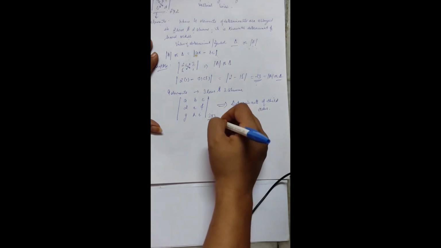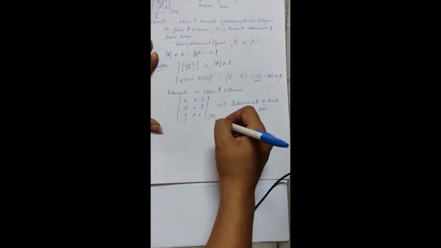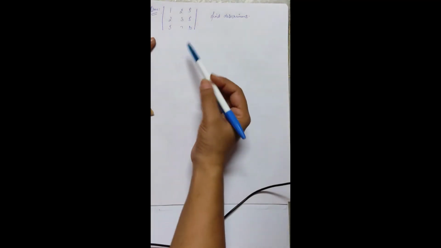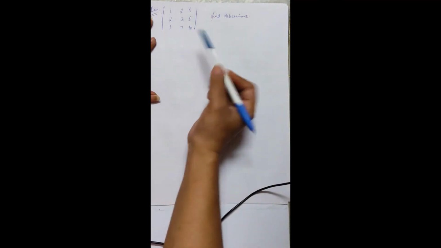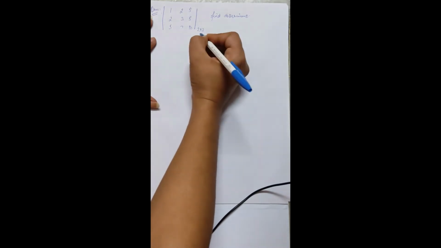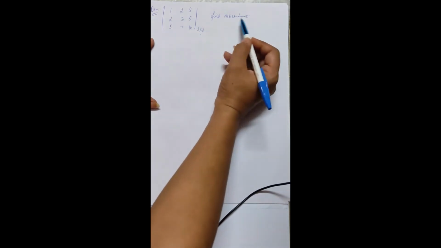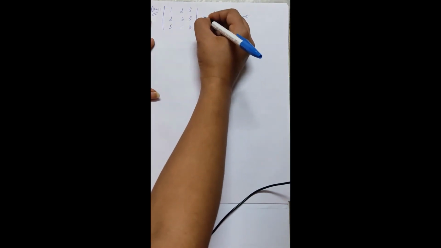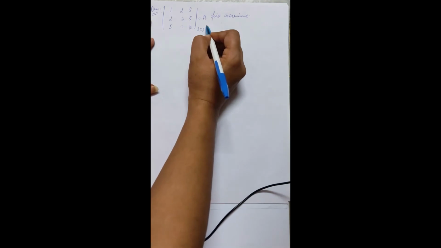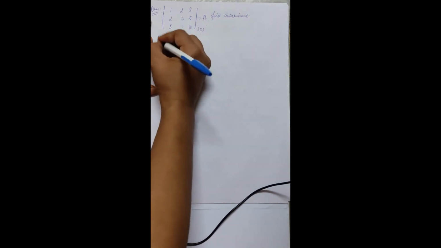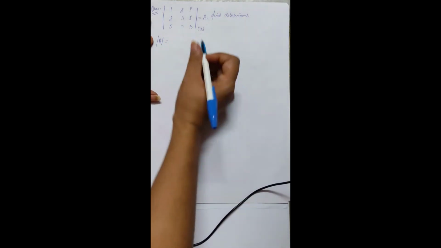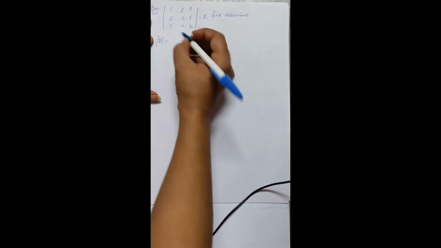Let me explain this determinant with the help of an example. Let us suppose a question is given in which there are 9 elements and it is of third order, and we have to find the value of the determinant. First, let's call it matrix A. In order to calculate the value of the determinant, I will start with the first row.